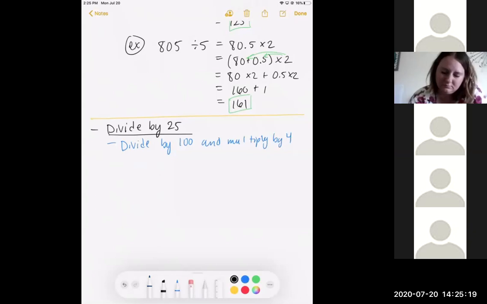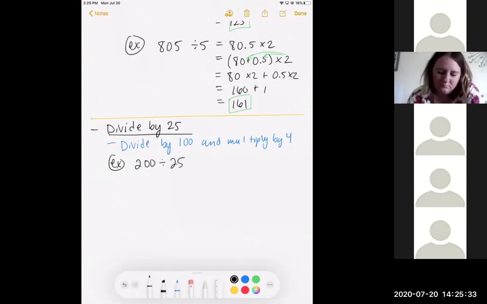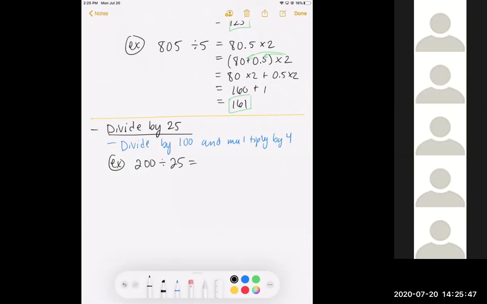So I have this example of $200 divided by 25. Does anybody know how many 25s are in 200 anyway? Think of money or something. Eight. Yeah, there's 8 of them. Our strategy says to divide by 100, so take that 200, divide by 100, and then multiply by 4. So that becomes 2 times 4, which is 8.